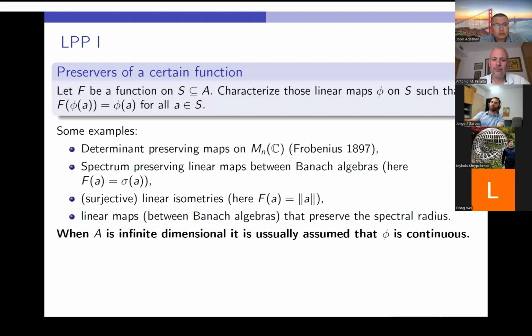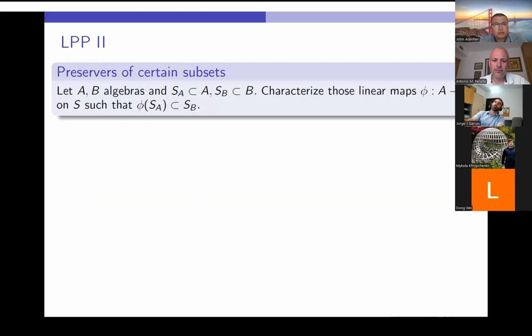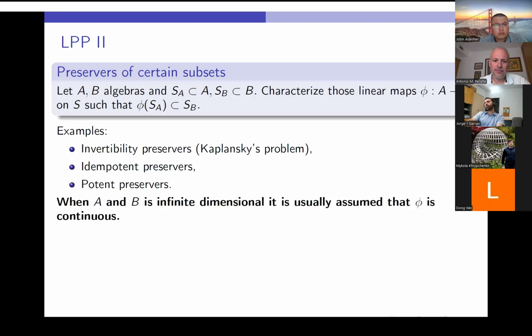Of course, if we are in an infinite dimensional setting, continuity needs to be assumed most of the times. We have also preservers of certain special subsets in the algebra, so maybe preservers of invertibility, of idempotents, or nilpotent preservers.